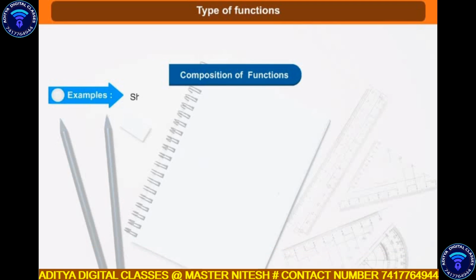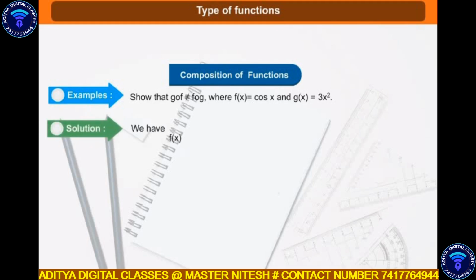Example 2. Show that g o f is not equal to f o g, where f of x is cos x and g of x is 3x square. Solution. We have f of x is cos x and g of x is 3x square. So g o f of x is equal to g of f of x, which is equal to g of cos x, equal to 3 cos x whole square, equal to 3 cos square x.